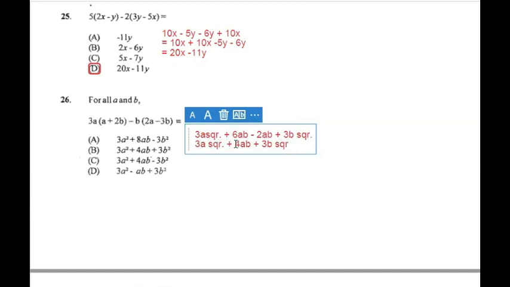So it is now 3a squared plus 4ab, so the 4ab comes from the 6ab minus the 2ab, plus 3b squared. So our answer is B.